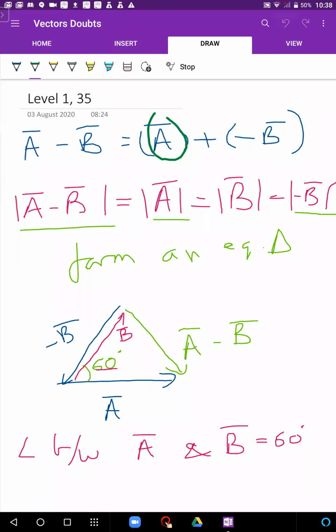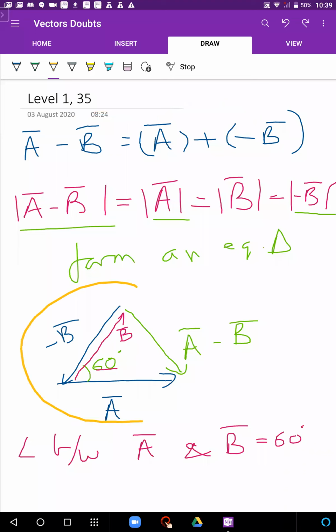Because the magnitude of A minus B is equal to the magnitude of A is equal to the magnitude of B. And B and minus B have the same magnitude. So all three sides in the triangle law that you're going to apply will have the same length. So you will have an equilateral triangle.